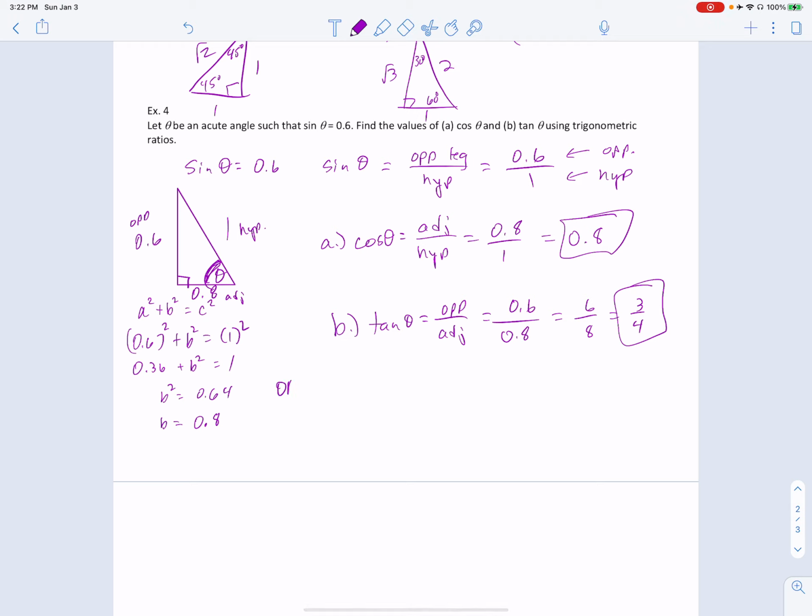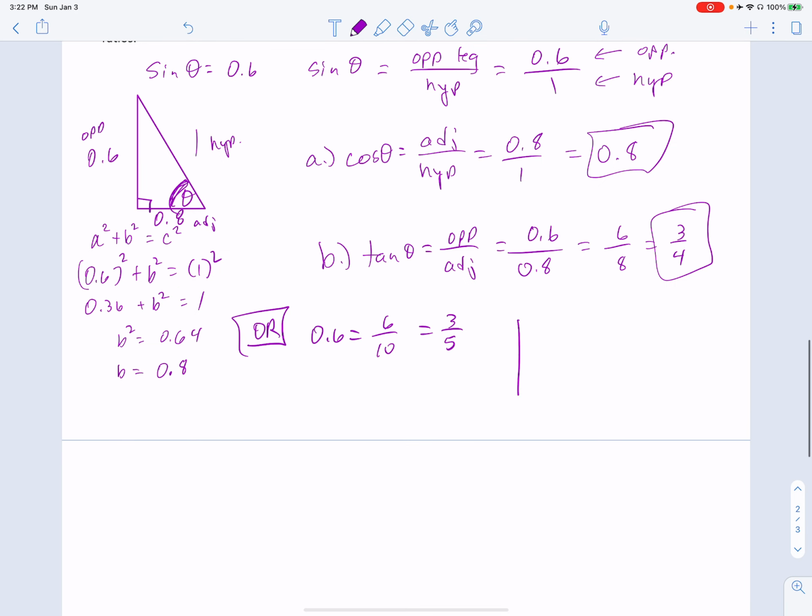Now, there is another way to do this. 0.6 is 6/10, which is 3/5. And so I could create the triangle where sine of theta is 3/5 and use integers, which might feel more comfortable.